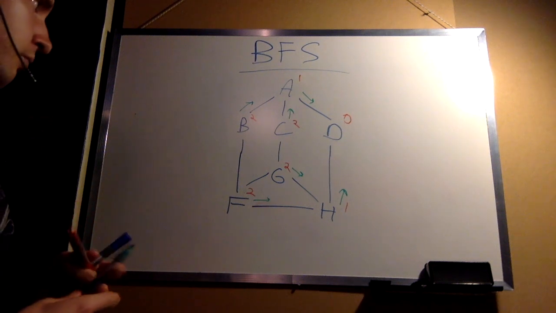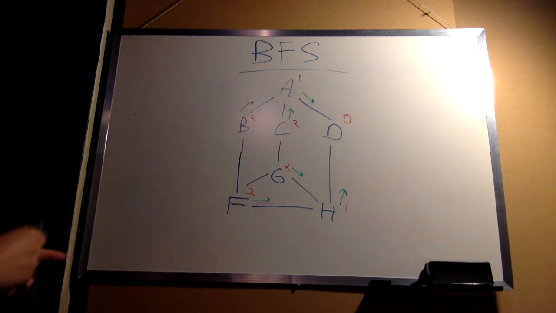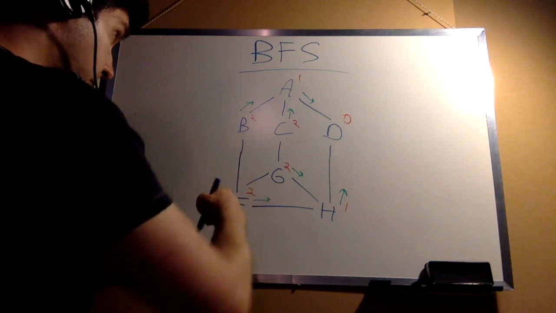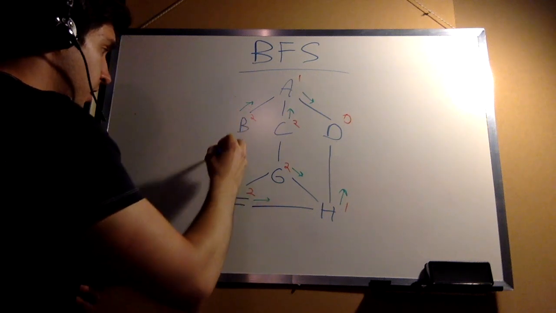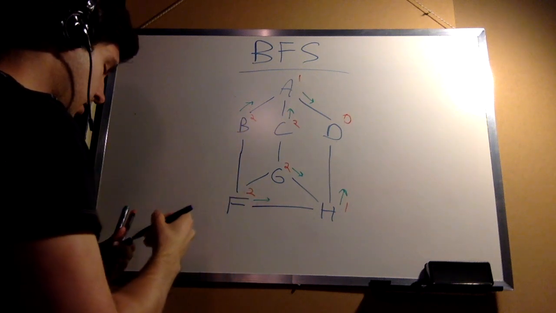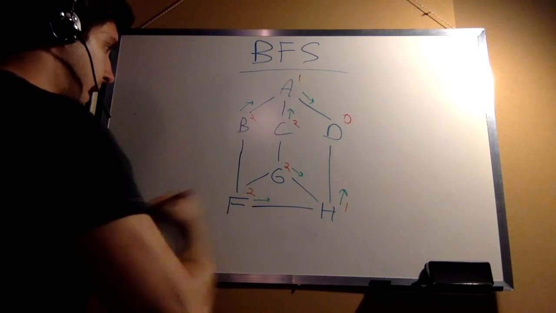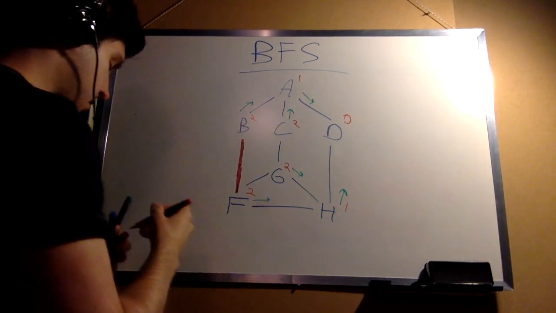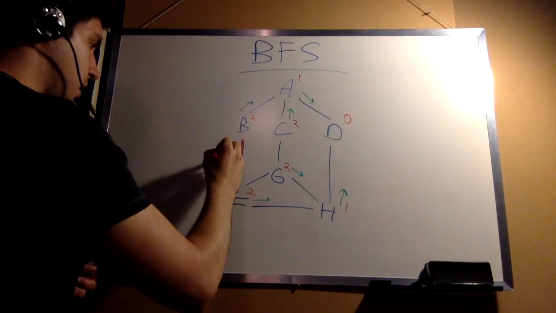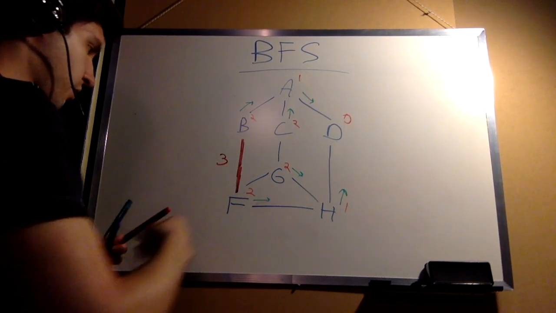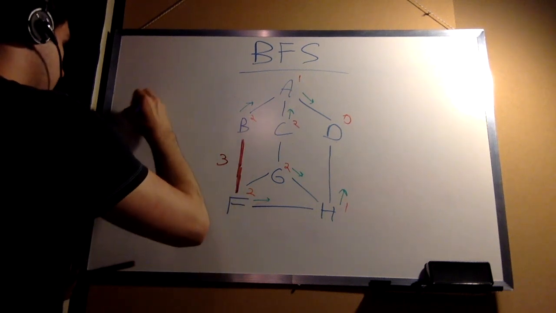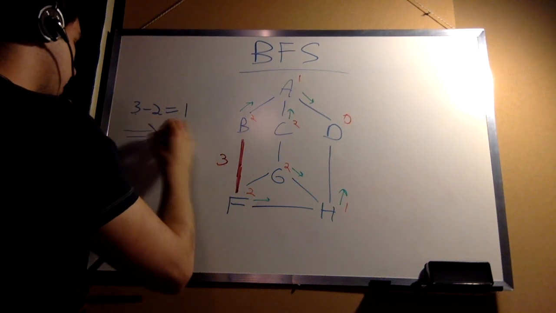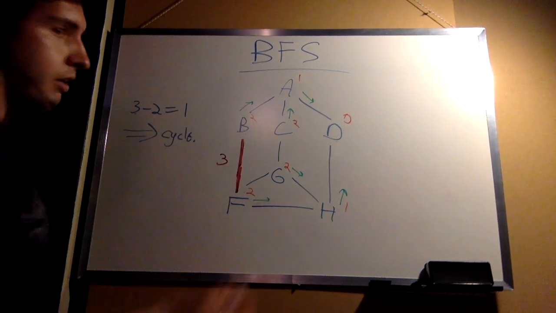The reason this doesn't work is, as I was saying, there's obviously no cycle here, but the quasi-time at this quote-unquote back edge is 3. So 3 minus 2 is 1, and that means that according to us, there's a cycle. Okay, so that doesn't work.